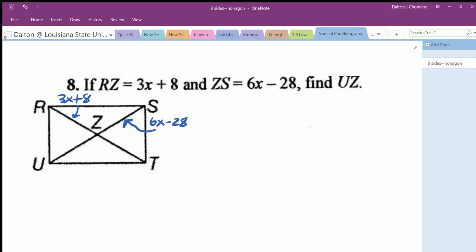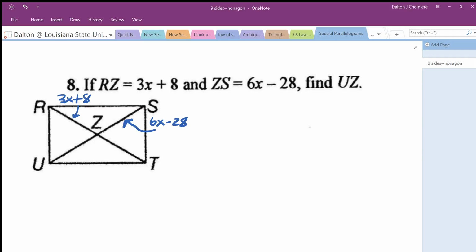For all of these, for 7 through 12, it's claiming that it's a rectangle. What part of the rectangle are these segments that I'm labeling? Like, what are RZ and ZS? Okay, so they're parts of my diagonals, and the diagonals were bisected. So if the diagonals are congruent and bisected, what do I know about these two segments then?